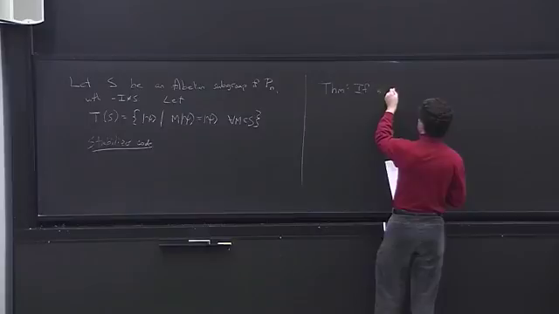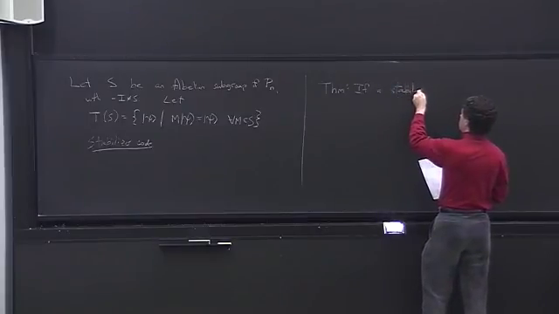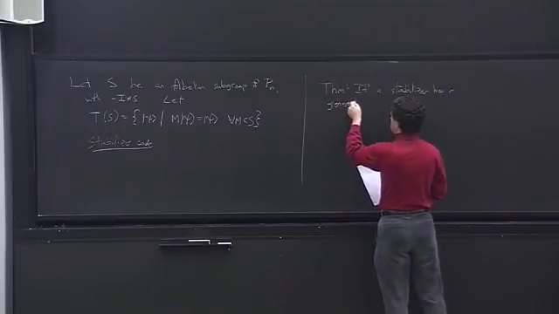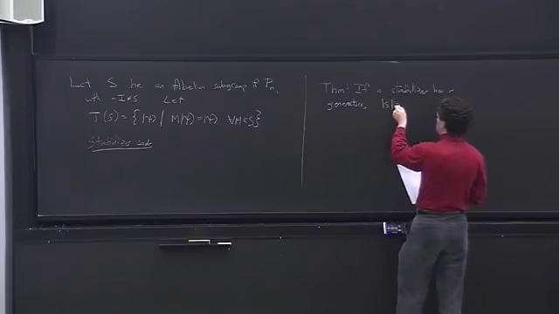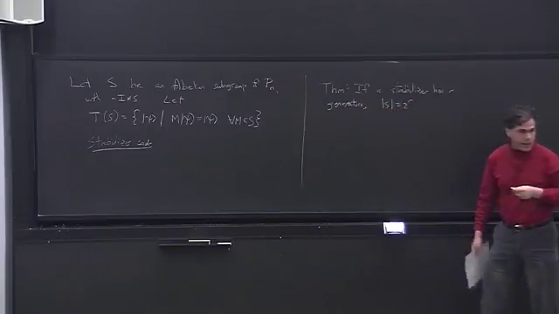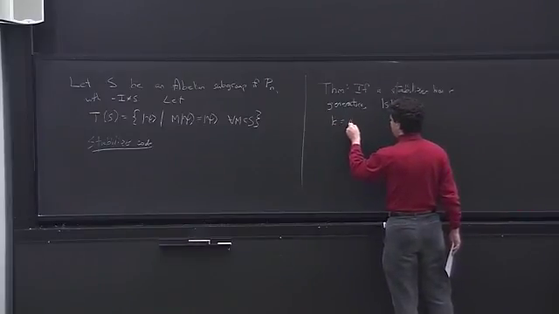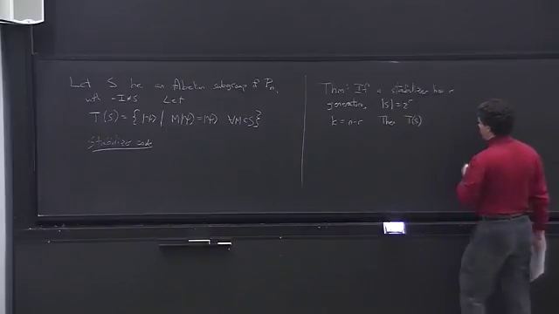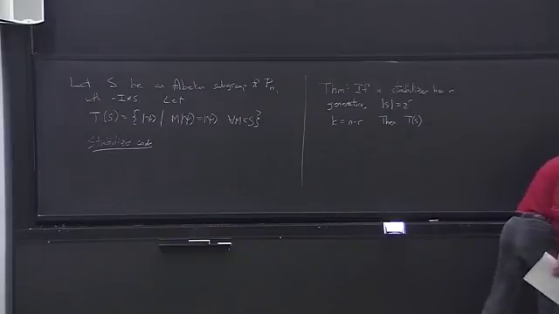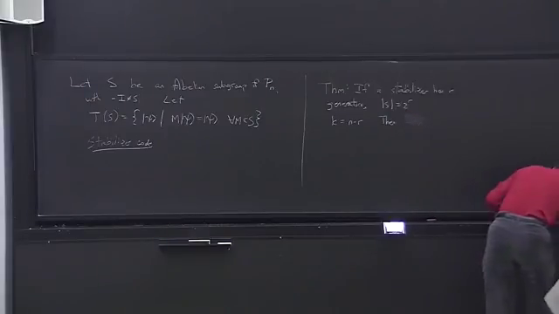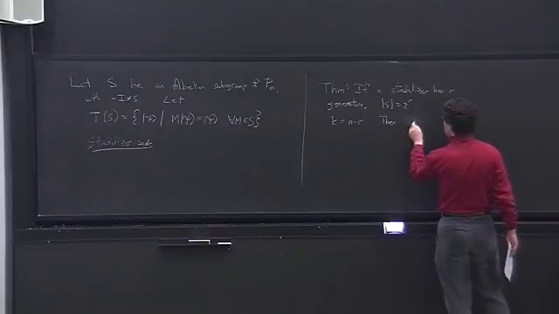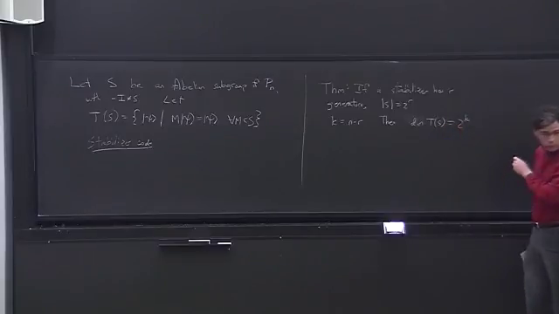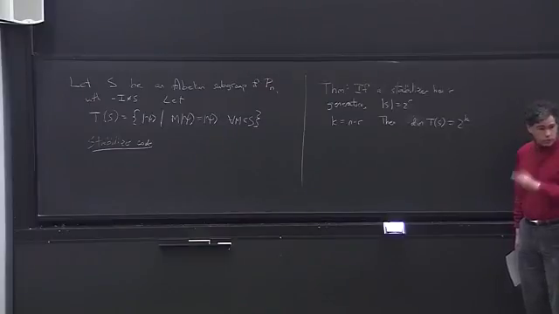So if a stabilizer has R generators, then the size of the stabilizer is 2 to the R. And if we let K equal n minus R, then the dimension of the encoded subspace is going to be 2 to the K. Okay, so this encoded subspace encodes K logical qubits.